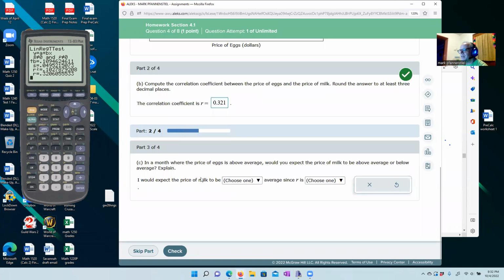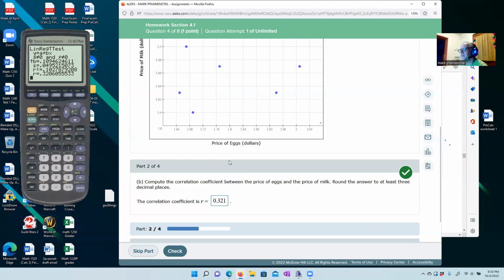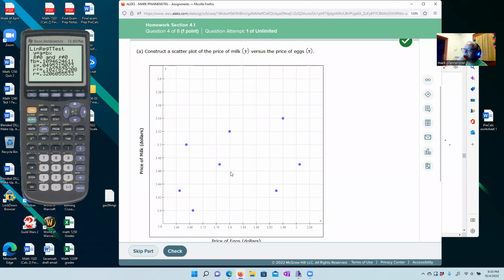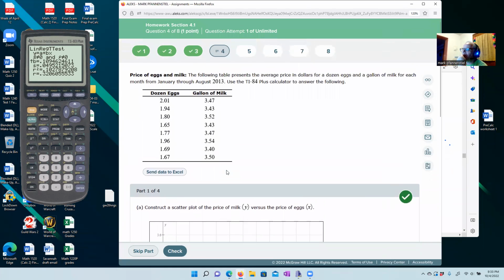And then let's see here. In a month where the price of eggs is above average, we would expect the price of milk to also be above average, because they're giving us a positive correlation. This number is positive, even though I could look at this scatter plot and ask, are you sure you want to assume a linear relationship? Not really, but I don't want to argue.